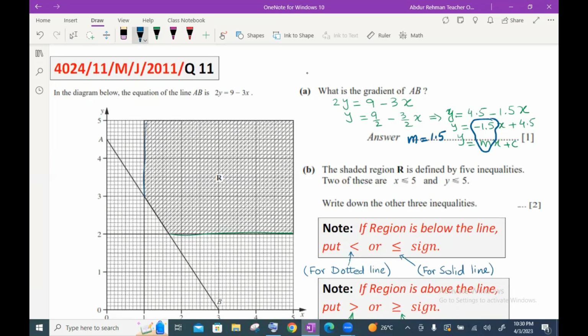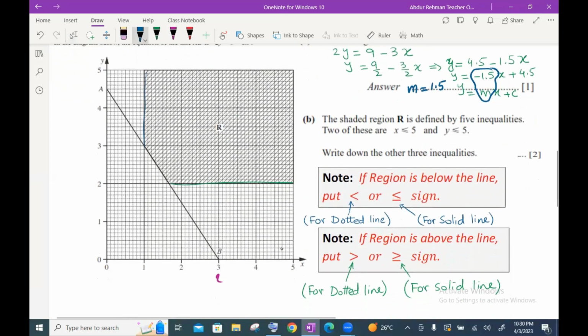Or you can find the gradient of line AB by rise over run. I'm going to explain the rise over run approach here. Take any two points. You can take this point, or the other point here. Suppose I take the point B. Rise is, how many units are there? 1, 2, and 3.